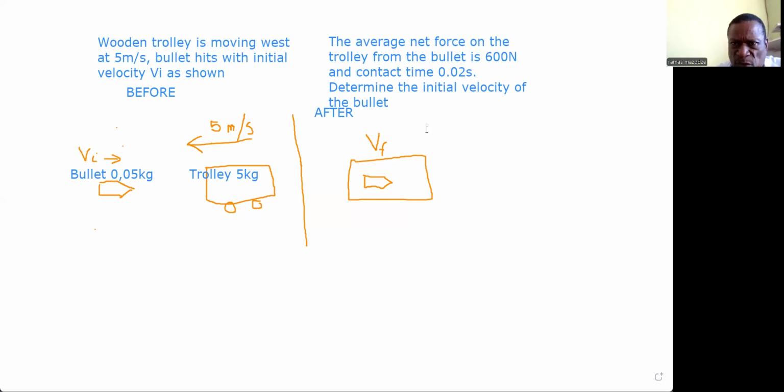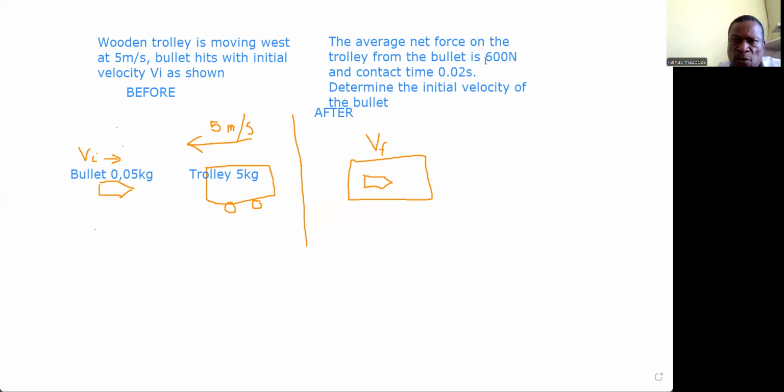But in this case, you will notice that you are given the average net force on the trolley, and the contact time, which is 0.02 seconds.